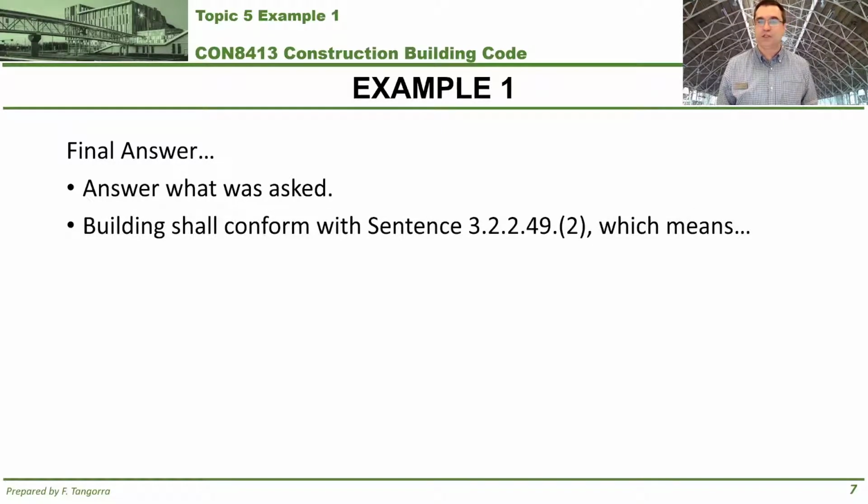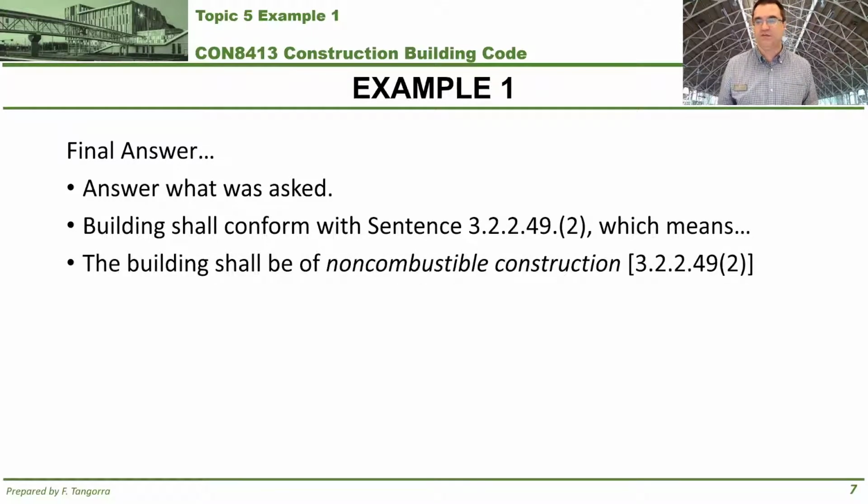So here's how you answer this question. This building shall conform to sentence 3.2.249(2). And that means that the building shall be of non-combustible construction. Okay? Under 3.2.249(2). You are reading the whole thing under Article 3.2.249. You have to read the whole thing. Okay? And next, we have to figure out the fire resistance rating for floor and roof assembly.